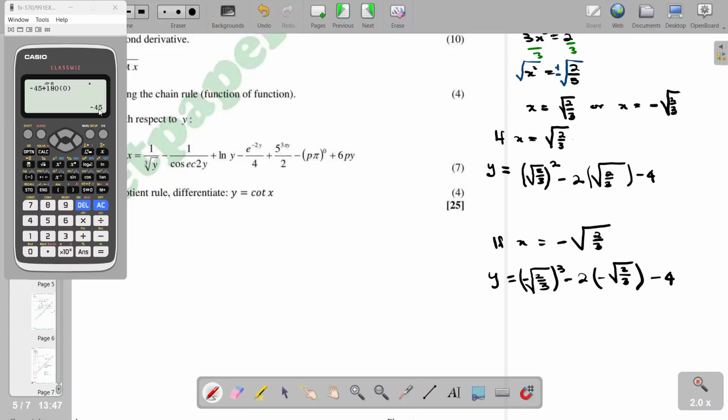So first one, we are going to put root 2 over 3. So it's 2 over 3. Take note, it's cubed, not squared.